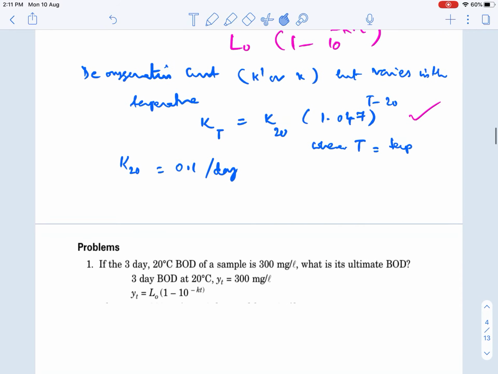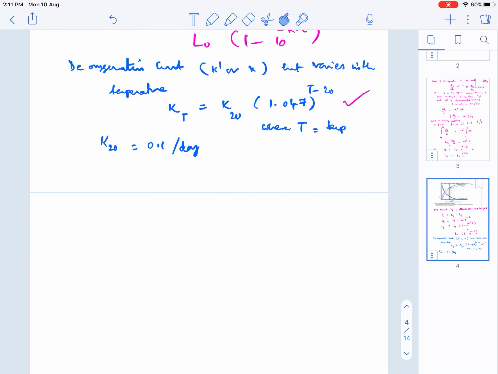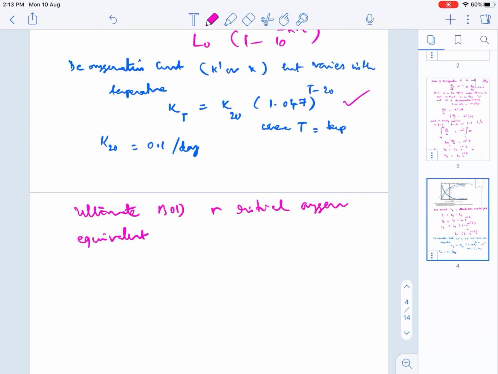Similarly, the ultimate BOD, or you can also call it the initial oxygen equivalent, L naught, also varies with temperature.